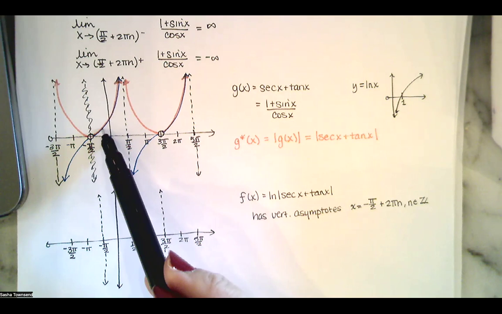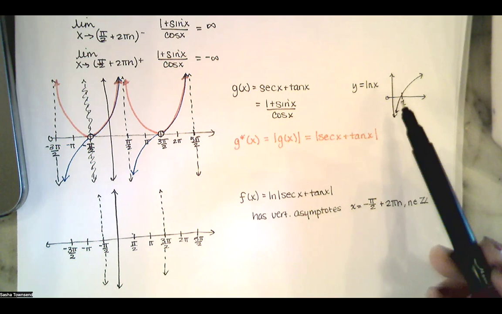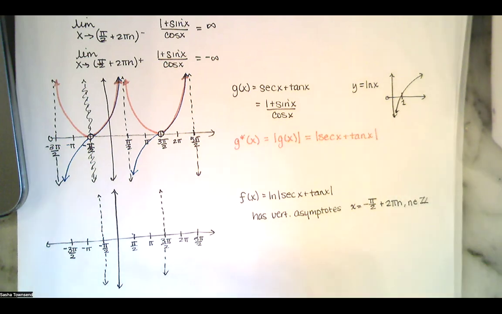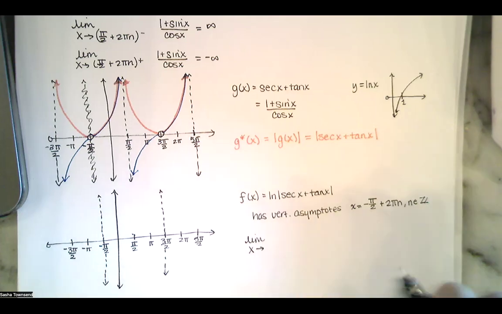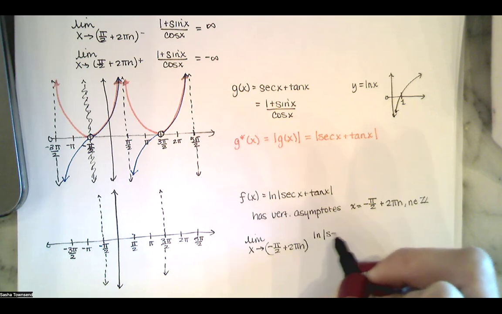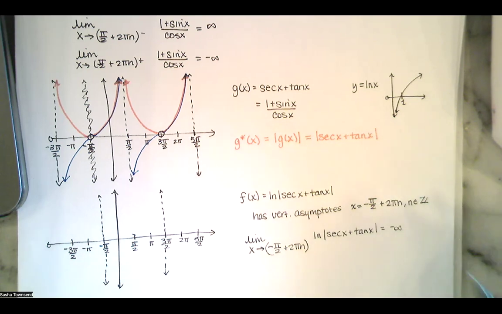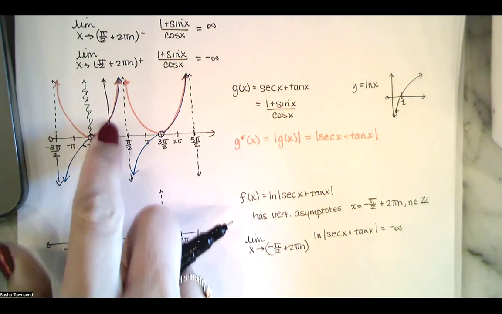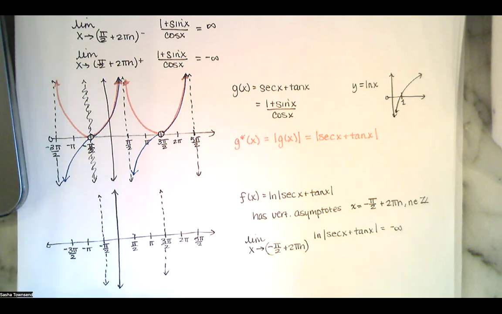So those removable discontinuities correspond to asymptotes of the function of interest. And as we approach 0, the y values are going to go to negative infinity. That should happen from the left and the right because we're taking the logarithm of a tiny positive number in either case.